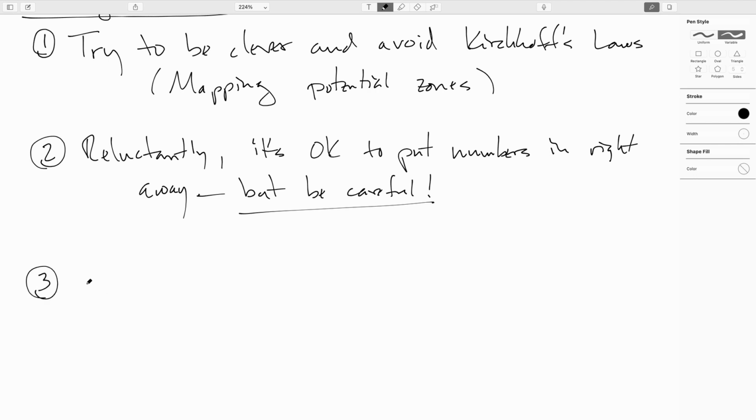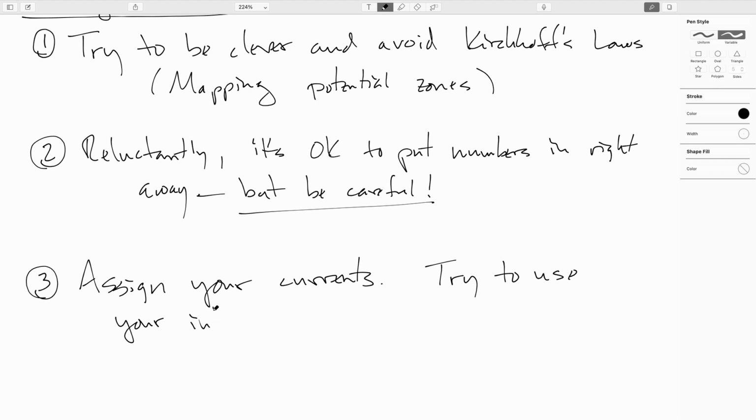The first step of actually doing Kirchhoff here is to assign your currents. And I'll just say try to use your intuition to guess current directions.